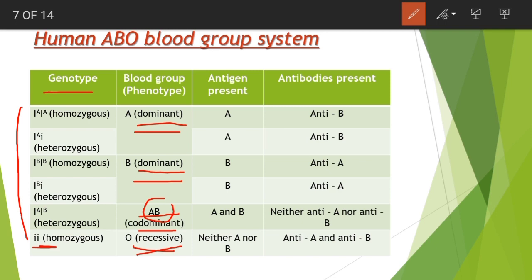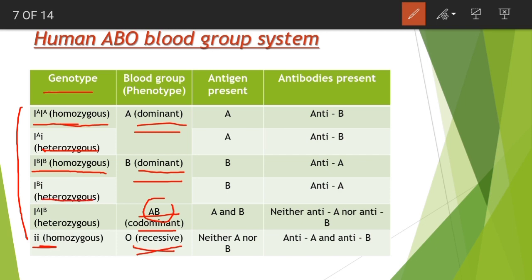So for A blood group, there can be two possible combinations. One is capital IA, which is homozygous in nature, and the next one is capital IA and small i, which is heterozygous in nature. Again, for B blood group, there can be two types of combinations, where capital IB is homozygous in nature and capital IB and small i is heterozygous in nature.